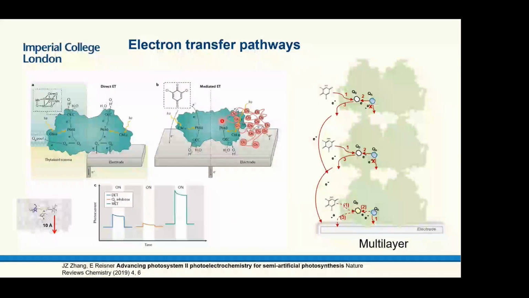Once you interface your enzyme with the electrode, if you have it correctly oriented with the quinones facing the electrode surface, you can use light to induce charge separation. Electrons go to the quinone, and then you can extract these electrons and measure a photocurrent that is proportional to the amount of electrons extracted, and practically to the number of charge separation events.